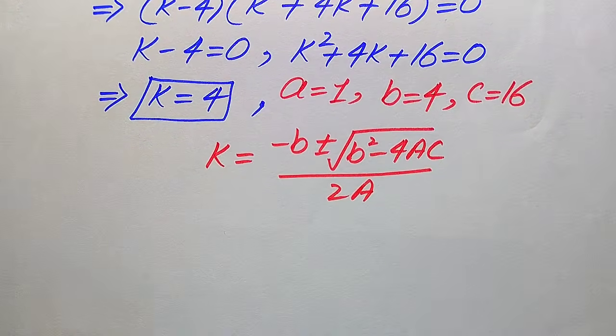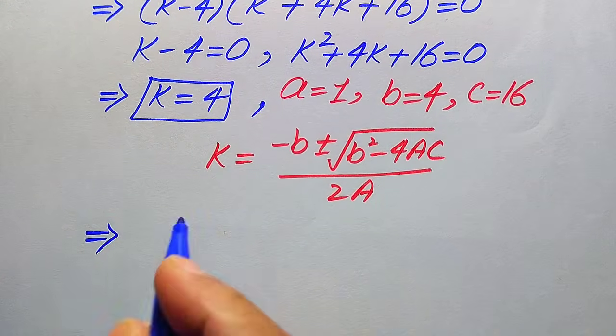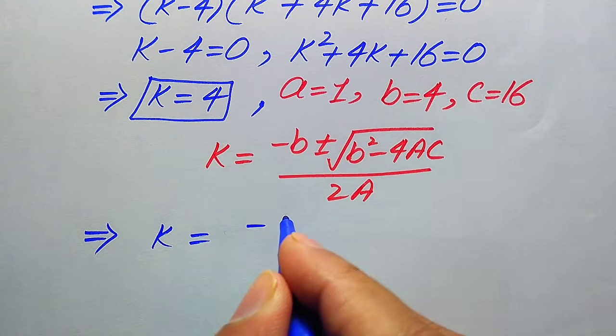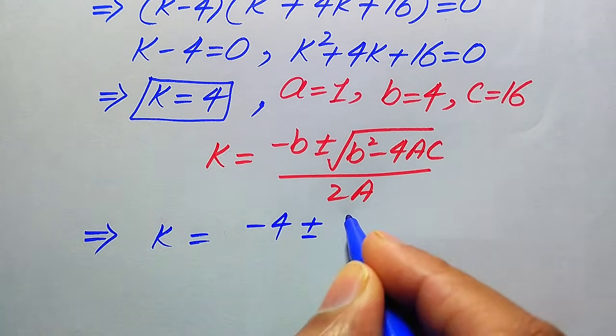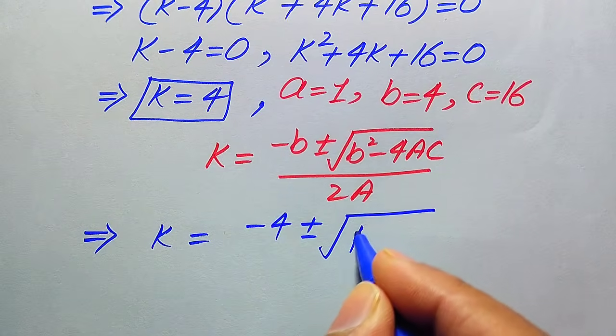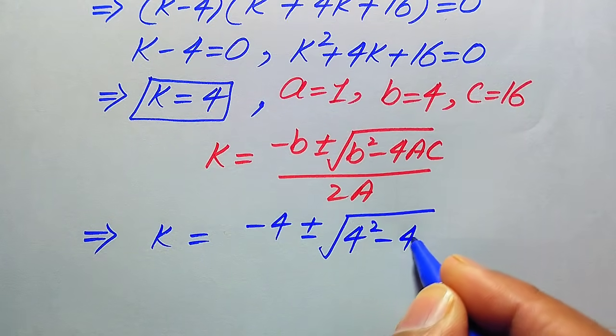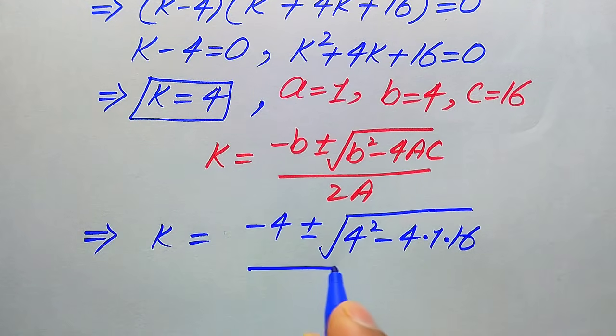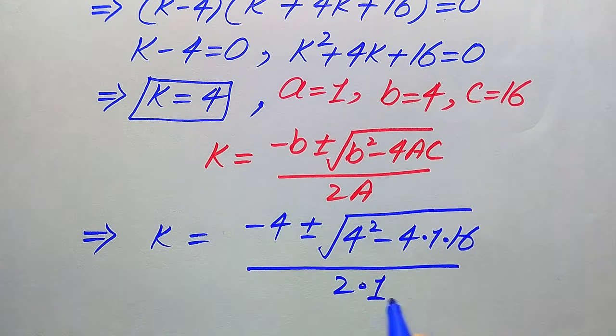So this is our quadratic formula, and here we substitute the values of a, b and c, and we have k equals minus b, where the value of b is 4, plus minus the square root of b squared, so 4 squared, minus 4 times a, which is 1, times c, which is 16, divided by 2 times a.